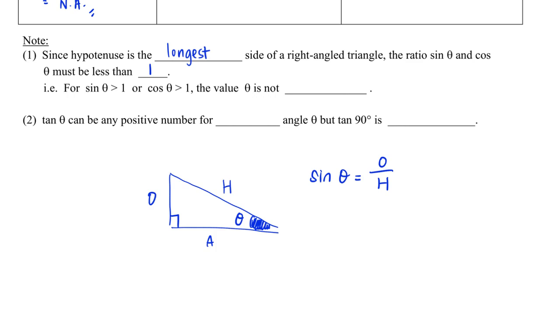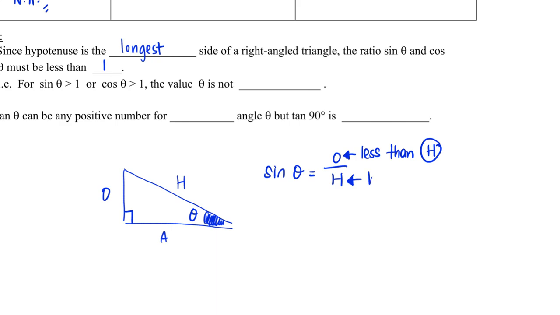For a sine ratio, H is the longest, meaning this one, O, has to be less than H, the hypotenuse, because H is the longest. This essentially ensures that the sine ratio O over H is always less than H's size.